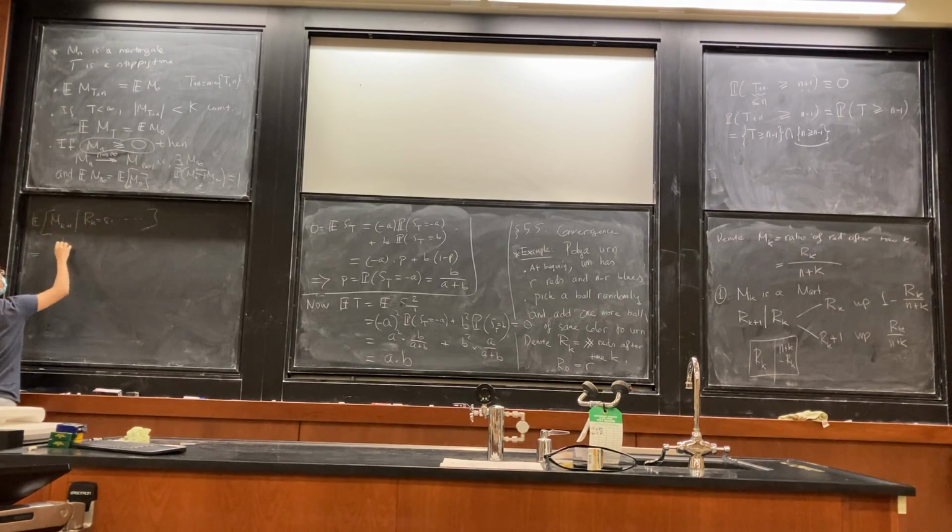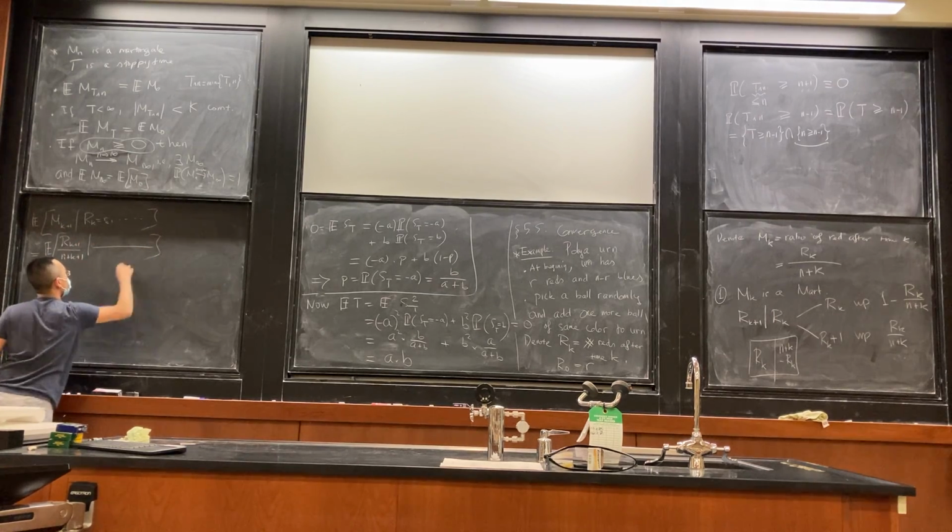So by definition, that is R_{k+1} over n plus k plus 1. At time k plus 1, the numerator is the total balls that I have at time k plus 1, conditioned on this trajectory.